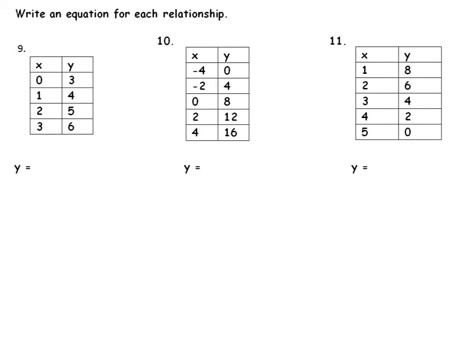All right, so this time I've got to put all of my pieces together. I'm going to have to write an equation, which means that I've got to find the slope, rise over run, and I've got to find the y-intercept, which means where does x equal 0? Well, let's pick 2 points.